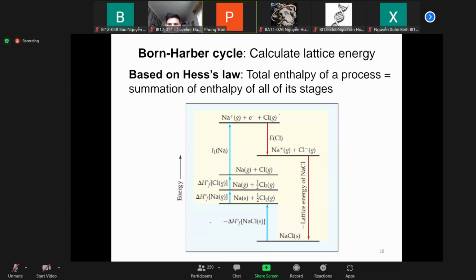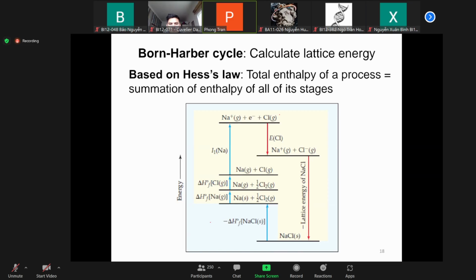So now we take a look at how we can calculate the lattice energy. By the definition, you understand very well, the lattice energy is the energy you need to put in to break 1 mole of crystal into gas cation and anion.